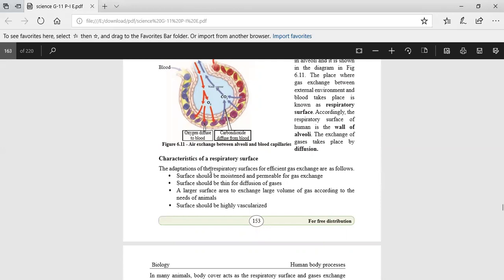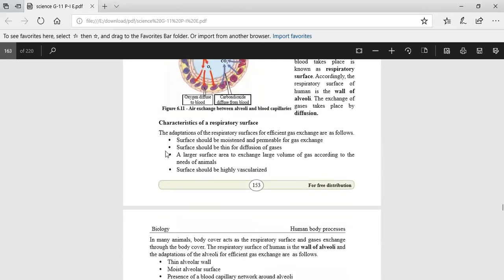And the other part, the characteristics of the respiratory surface. The adaptations of the respiratory surface for efficient gas exchange are as follows. The surface should be moist and permeable for gas exchange.